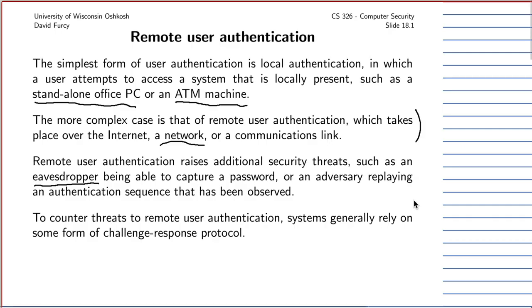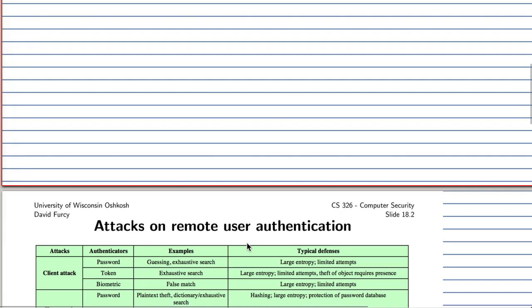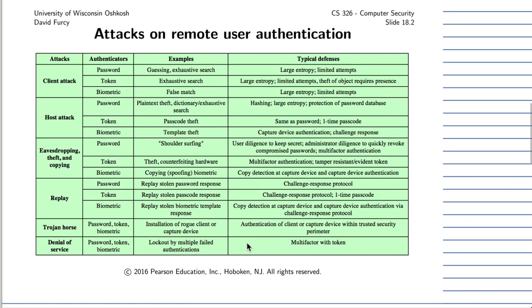In this lecture, we're going to focus on one kind of defense mechanism called the challenge response protocol. We gave a quick example of such protocols in a previous lecture, but we're going to discuss it in more depth in this lecture. So this slide shows a general taxonomy of possible attacks on remote user authentication systems. In the first column, we see a list of 6 possible categories of attacks.